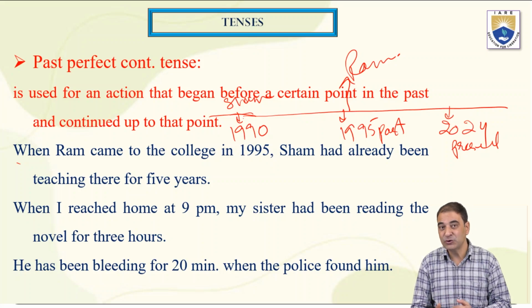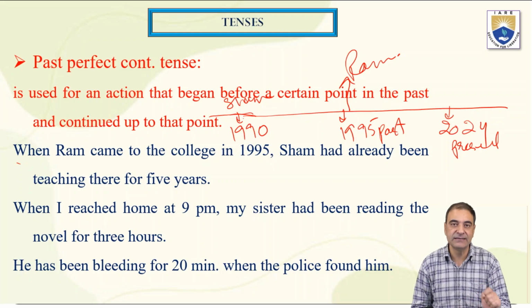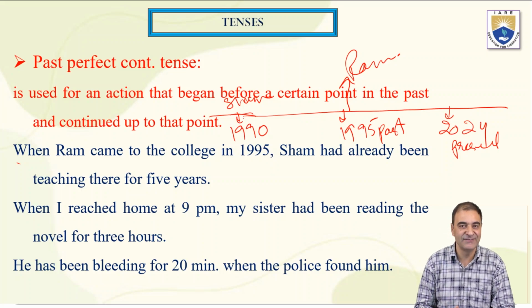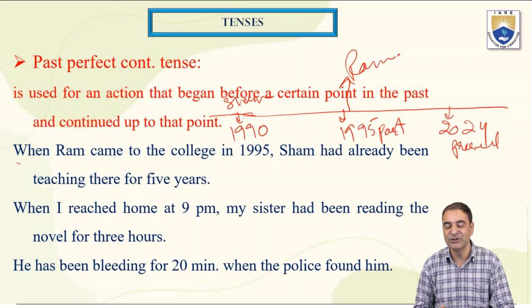But when Ram joined college in 1995, Sham had been working there for 5 years. It means that Sham had joined this college in the year 1990. And 1990 is the first action. It precedes 1995. Therefore, you have to express that first action in past perfect tense.